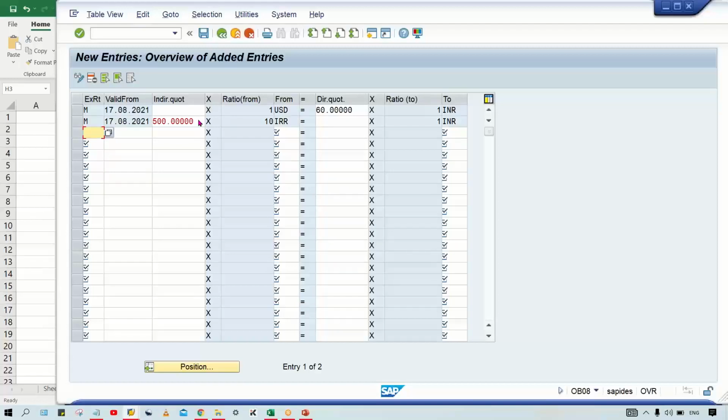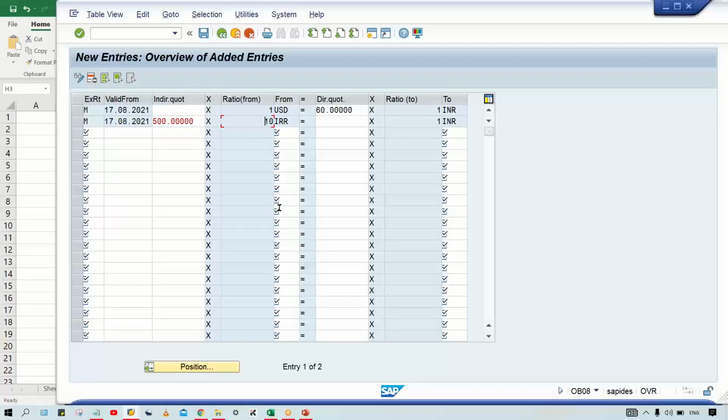So 1 INR equals 500 IRR. Right? So 500 again multiplied with 10. Why? Because look at here, a 1:10 ratio is also there. So if nothing is there, it means 1 INR equals 500 multiplied by 10.